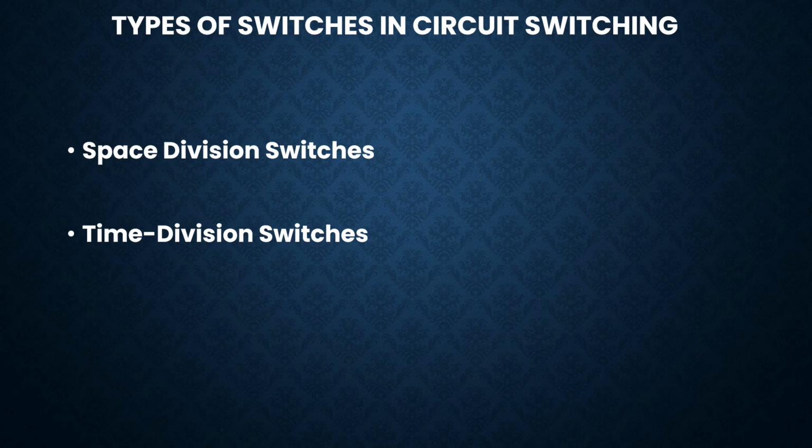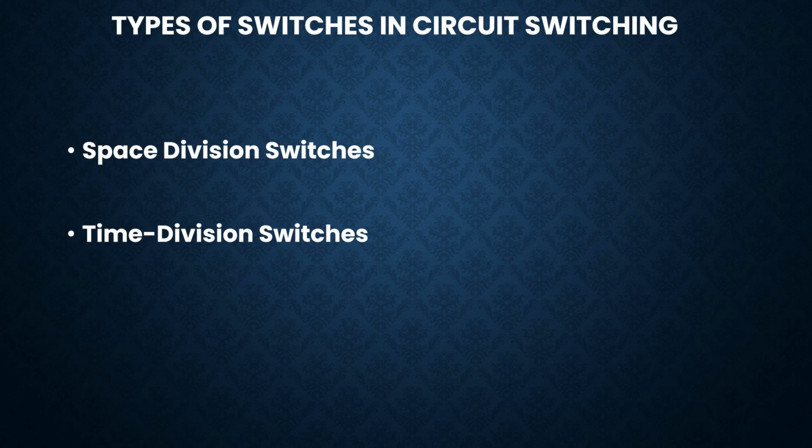In space division switching, two types of switches are used for the connection. First, the crossbar switch. This switch contains n input lines and n output lines, and it has n squared intersection points. And the second one is the multi-stage switch.